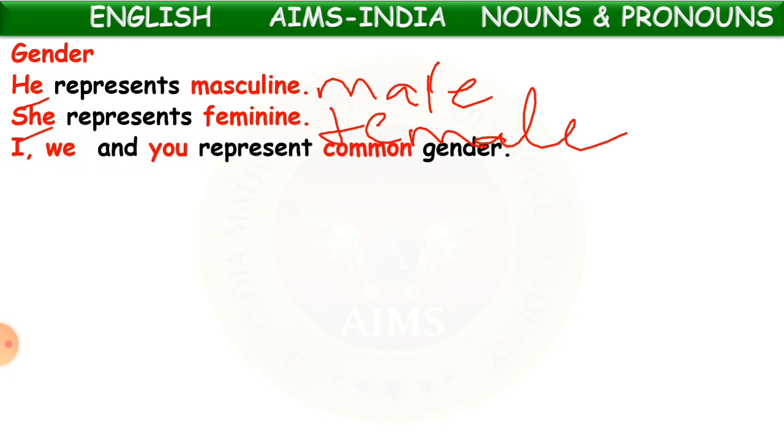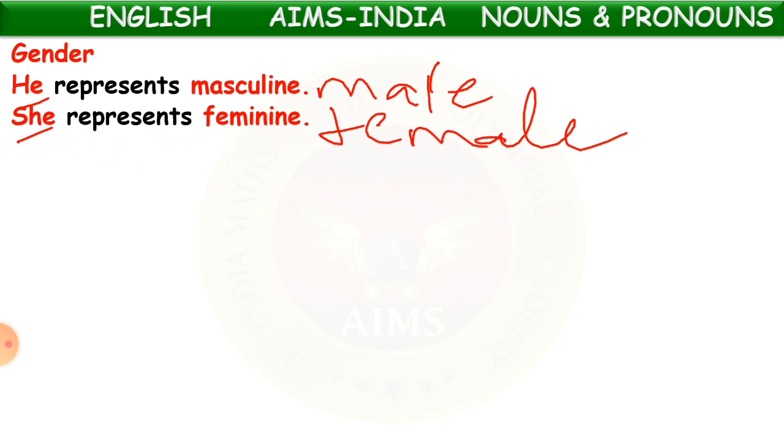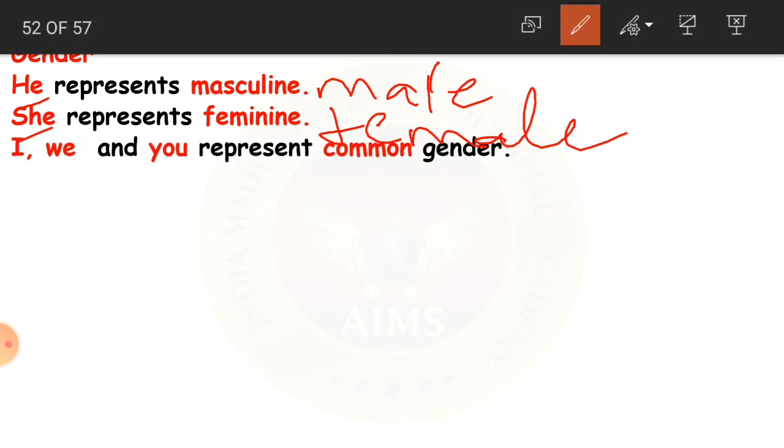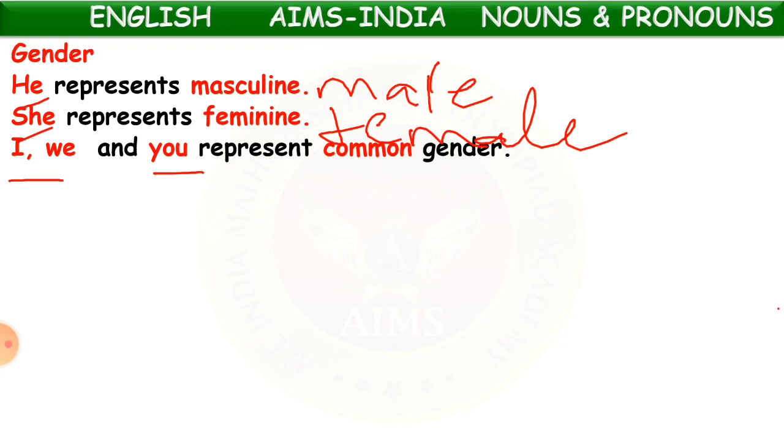And now I, we and you represent the common genders, like we also learnt in nouns: class, student, teacher, doctor are common genders. So in pronouns, I, we and you represent the common gender.